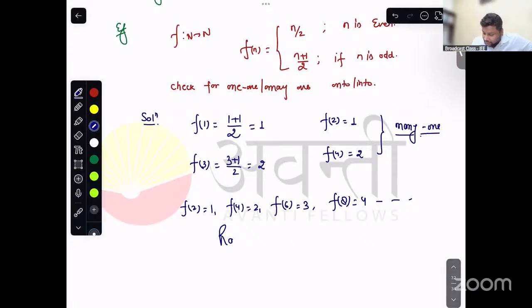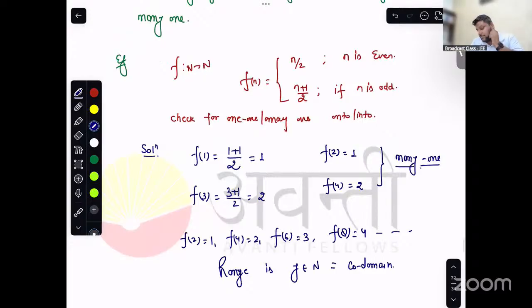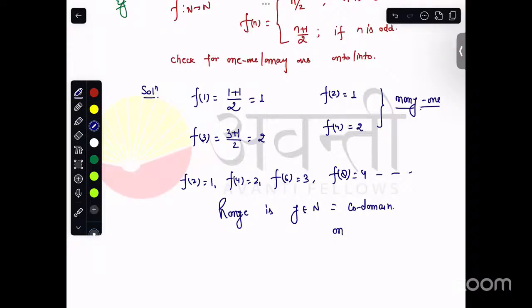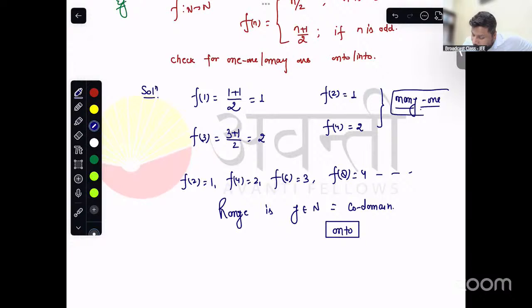So the range is y belongs to natural numbers, and that is equal to the codomain. So that means the function is onto. So this is many-one onto. Am I correct? Is it okay?